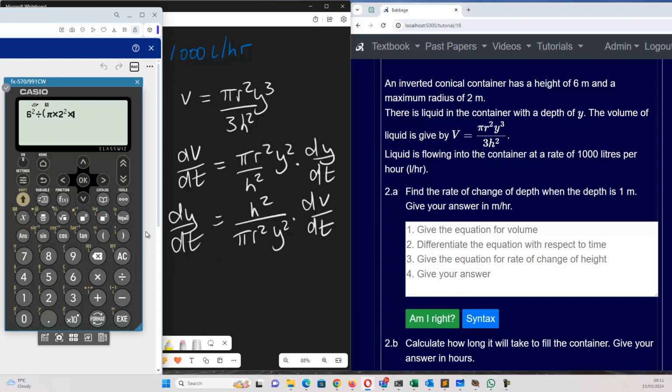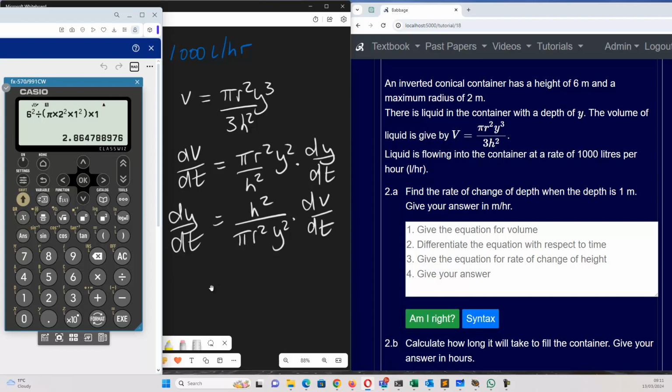I'll put it in anyway. And that's going to be multiplied by 1,000 litres per hour, which is actually 1 cubic metre per hour, and as everything else is in metres, we can just put the 1 in there, and that's going to give us an answer of 2.86 metres per hour.